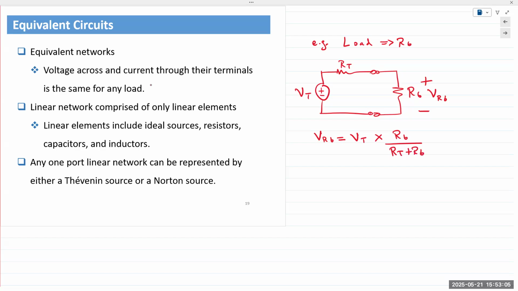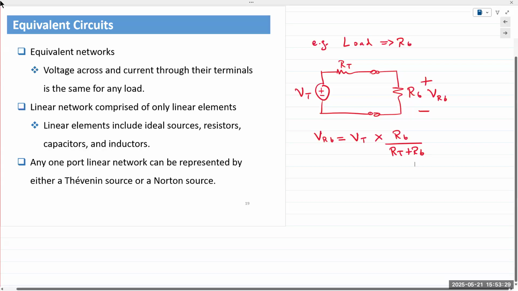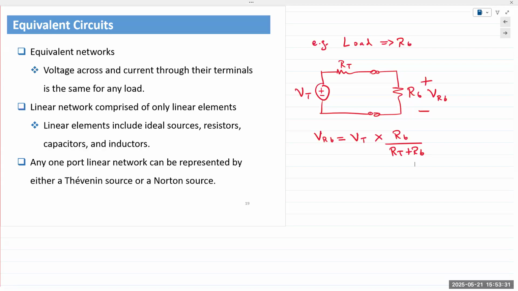No matter how many times you change R6, VR6 is simply a one-step answer. Make sense? You could have a spreadsheet, program a million values for R6, and have a million answers for VR6 within a few seconds. You don't have to calculate or analyze the equations again and again.